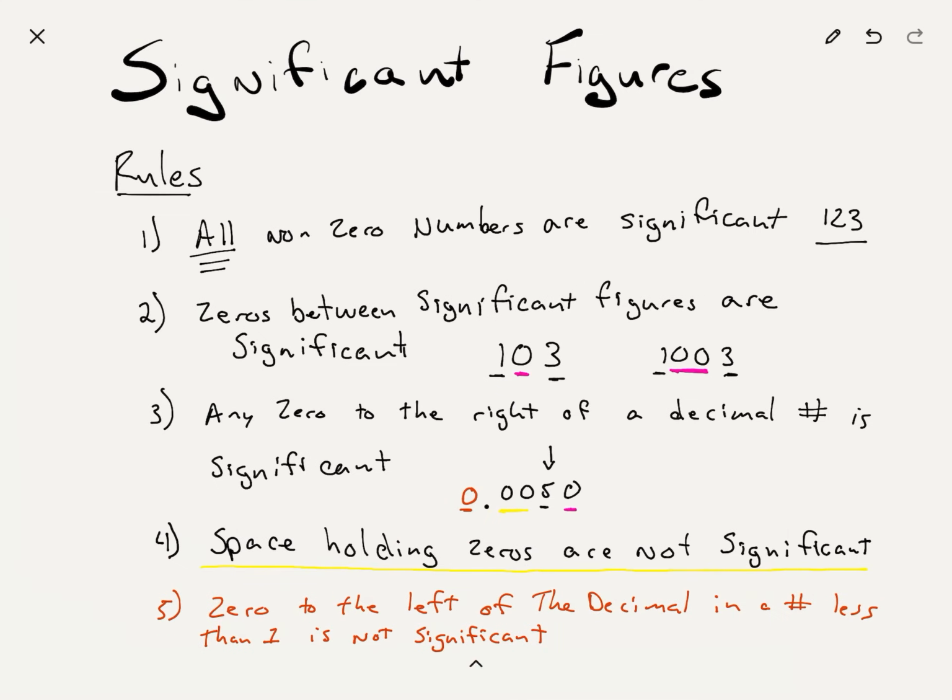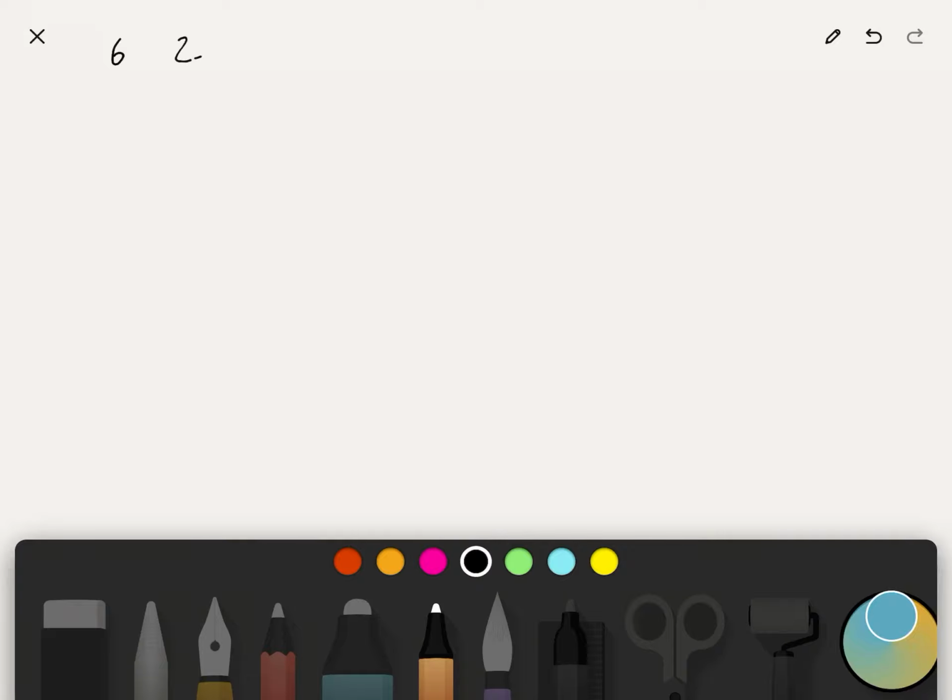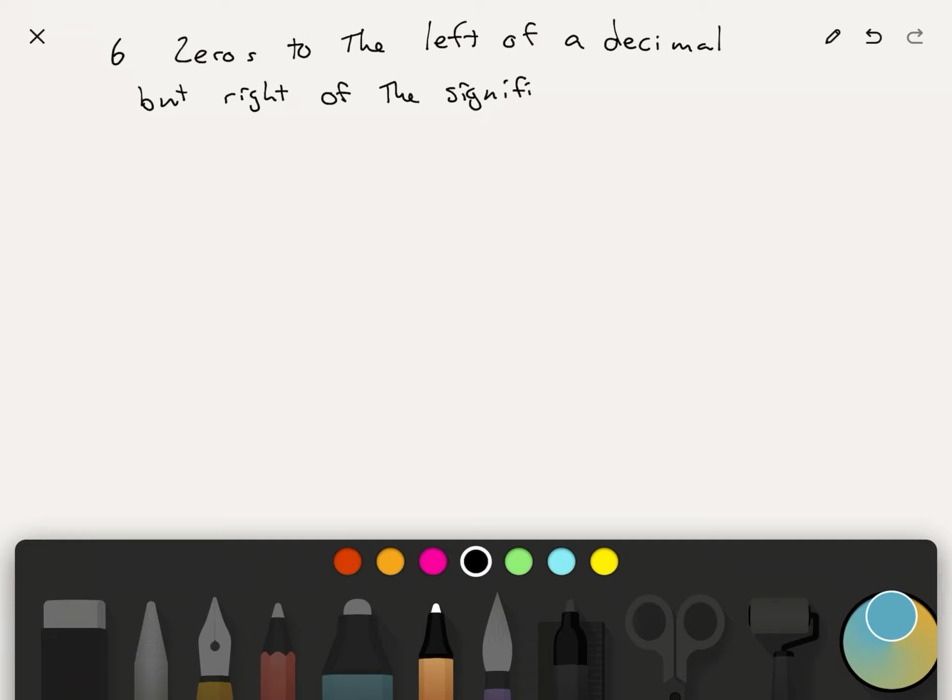Okay, so rule 6 deals with our last type of zeros, and those are zeros to the left of a decimal, but right of the significant figure in a whole number.